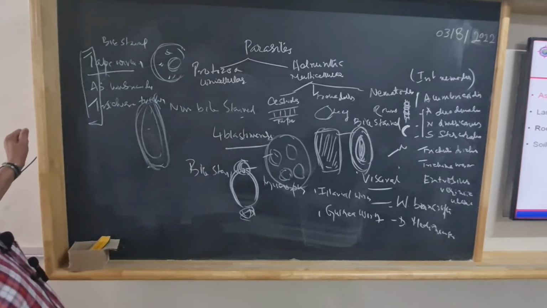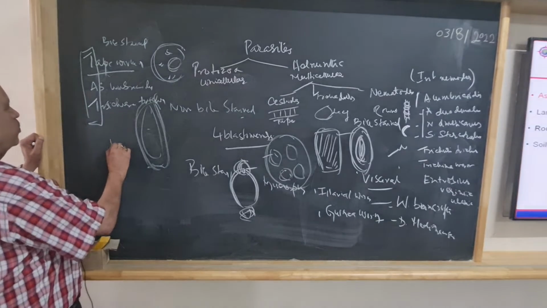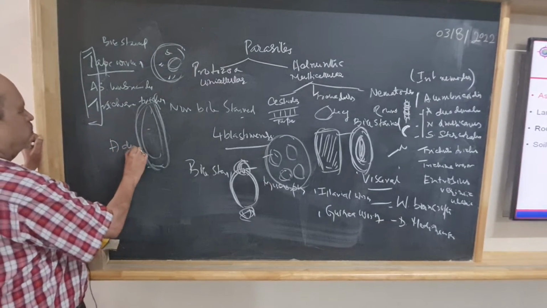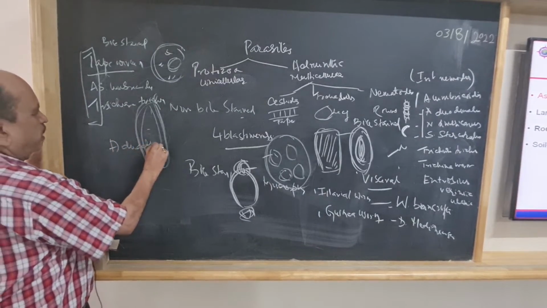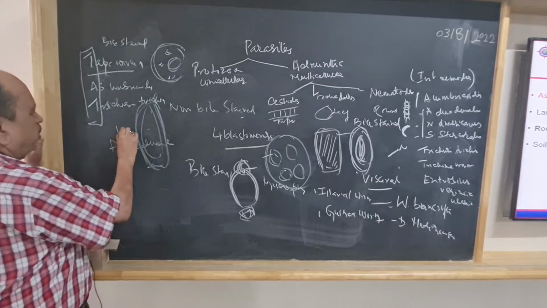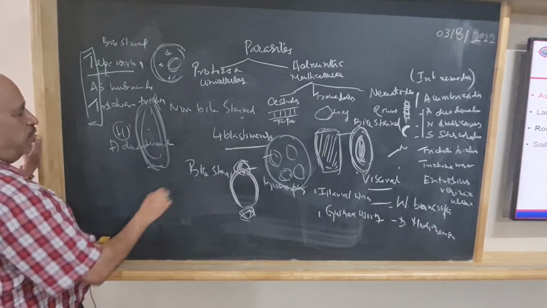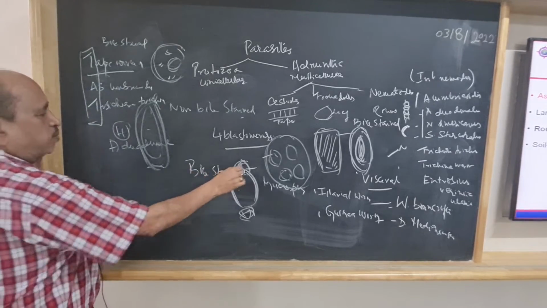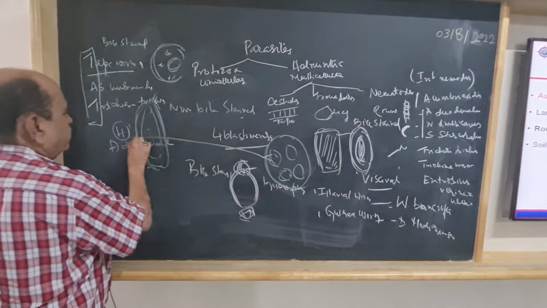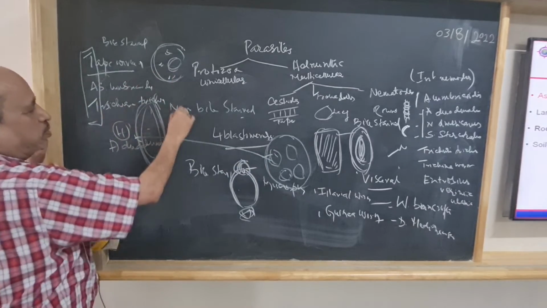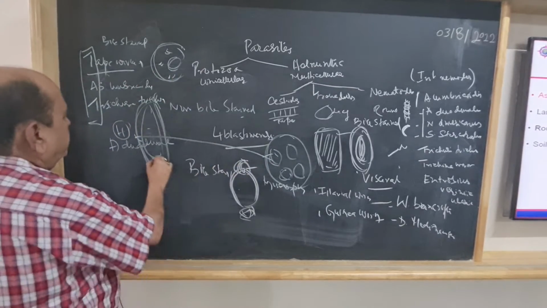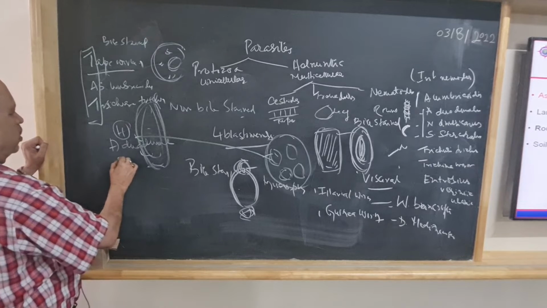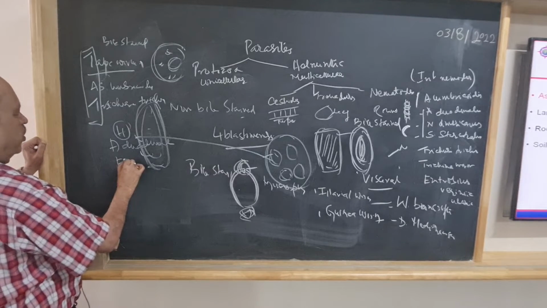Non-bile stained are hookworm, Ancylostoma duodenale, and plano-convex Enterobius vermicularis.